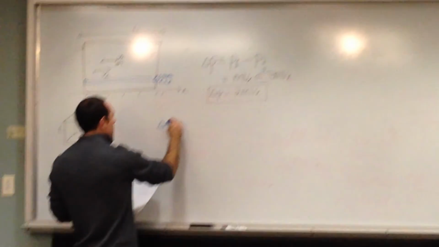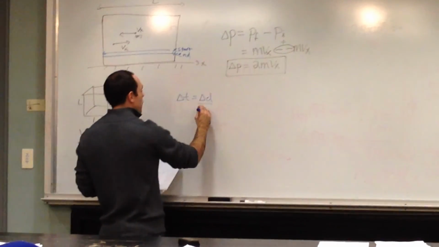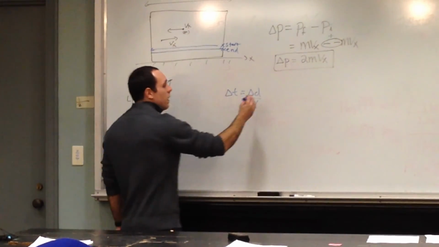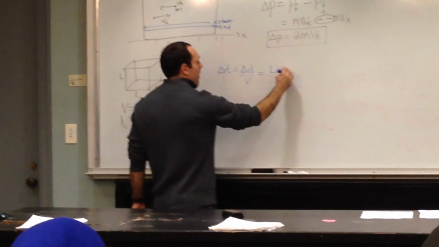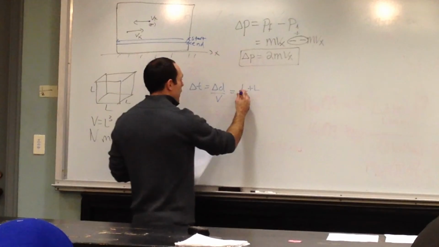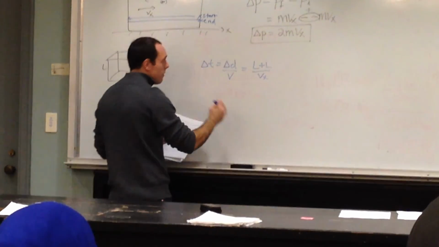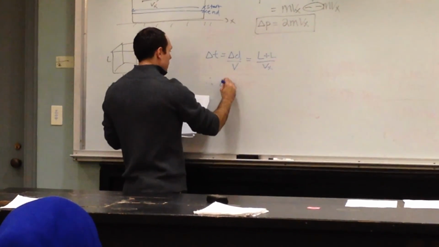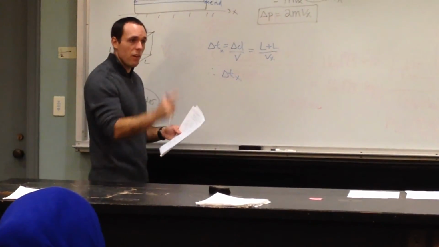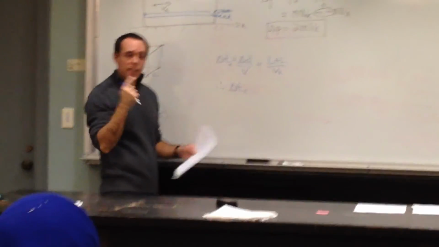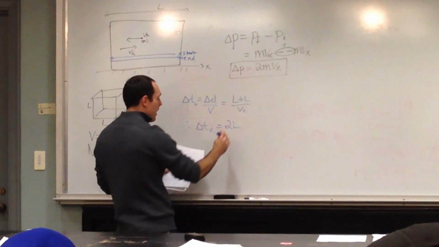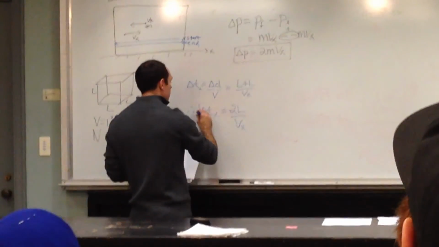The change in time is equal to the change in distance or displacement divided by the velocity. That's the general equation. The distance here is L plus L. It travels L to the left, it travels L to the right. Divided by the velocity, which is Vx. And thus, therefore, the change in time, let me specifically put it for the x direction, so how long it takes to go back and forth in the x direction, is equal to 2L, 2 times the length of the container, divided by its velocity, Vx.